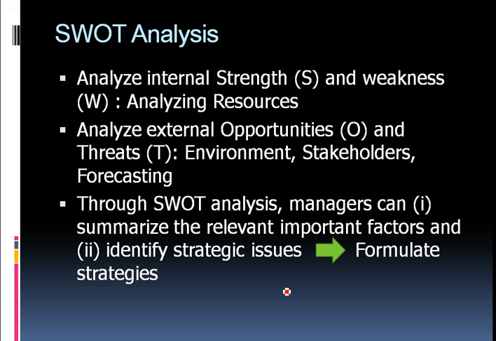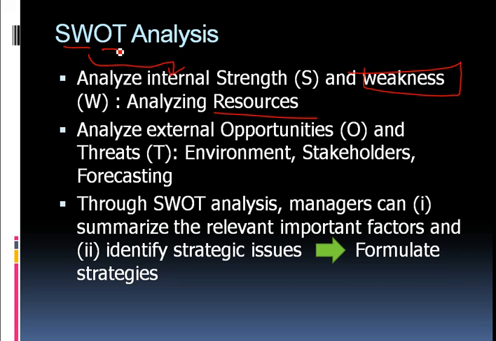And the next step is performing the SWOT analysis. The SWOT means strength and weakness. That is about internal resources. So what you can do well, what your strength is, what your competency or competitiveness is, and what you cannot do well, that is a weakness.